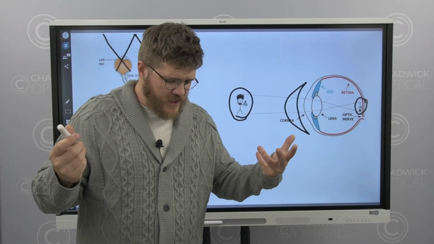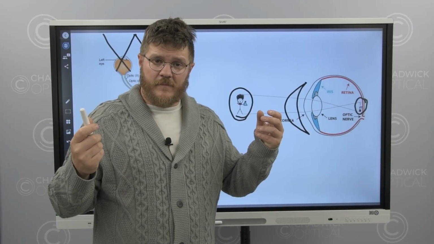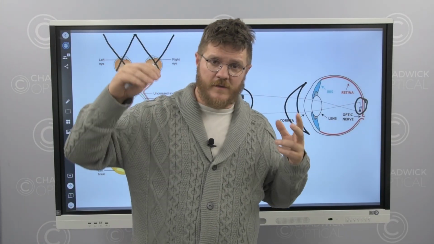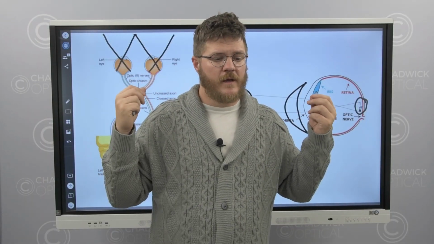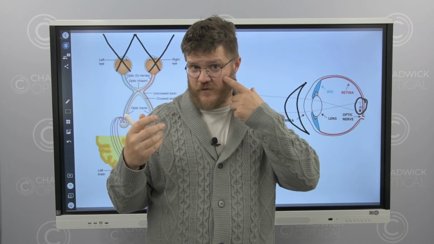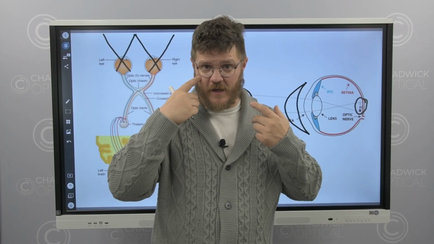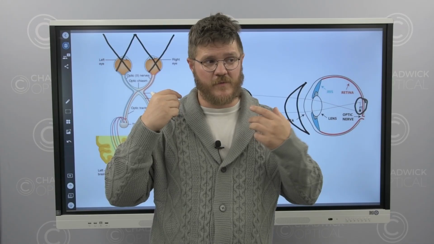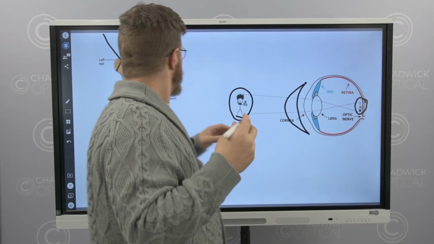The way the rest of your body works is that the right side of my brain moves my left arm, the left side of my brain moves my right arm. Luckily, because it would be creepy, I can't just move my left eye or just move my right eye. If I look to the right, both of my eyes look to the right. If I move to the left, both of my eyes look to the left.